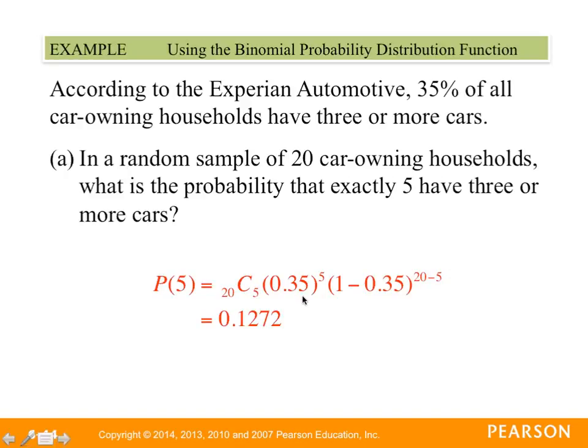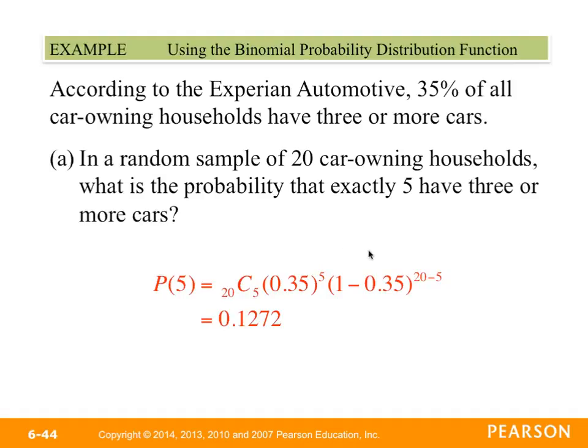In this case, we would consider having 3 or more cars a success, and we raise that to the 5th power because that's how many households we want to have that number of cars. And then we multiply that by 1 minus 0.35 raised to the 15th power. That's your n minus x.